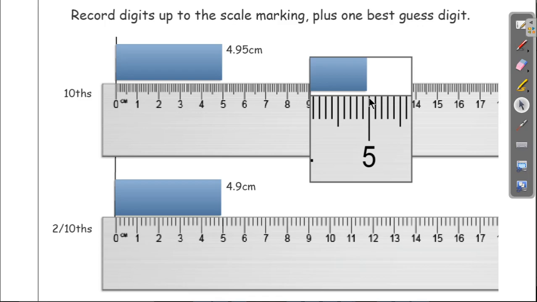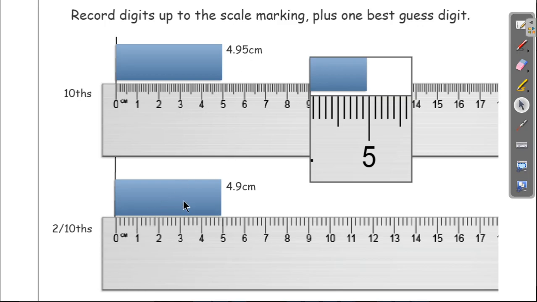Someplace in there. We don't know exactly where because there's no little line here to help us. You had to guess this 5. 4.95 could have been 4.96, 4.97. You had to guess this last digit. Okay. The ruler could very well measure up to the 10th position. The 100th position was a guess.